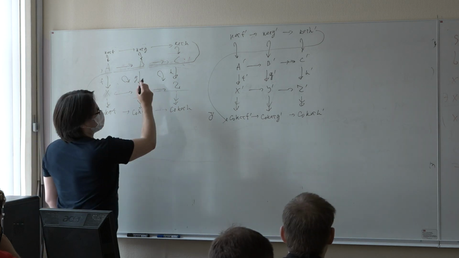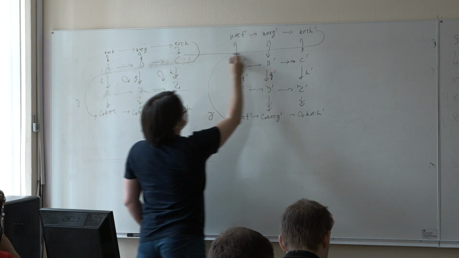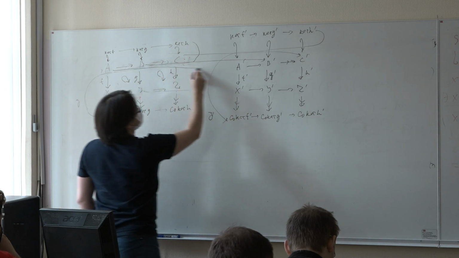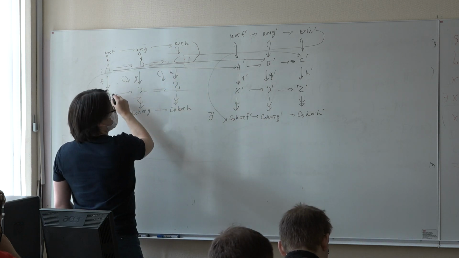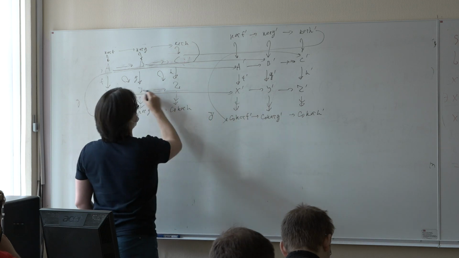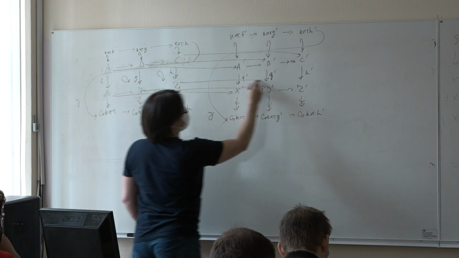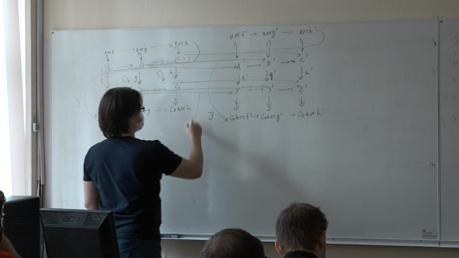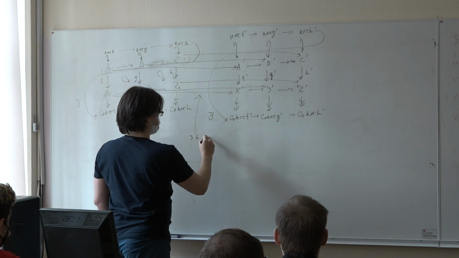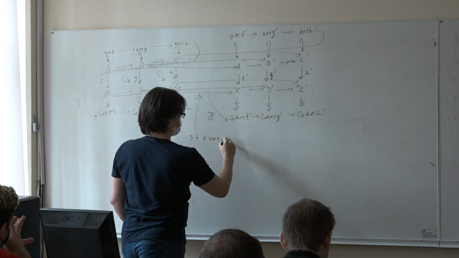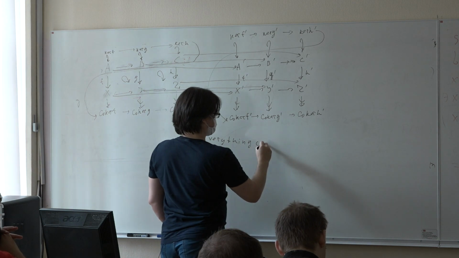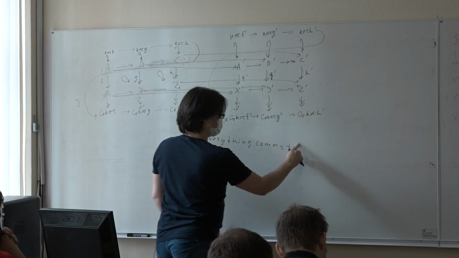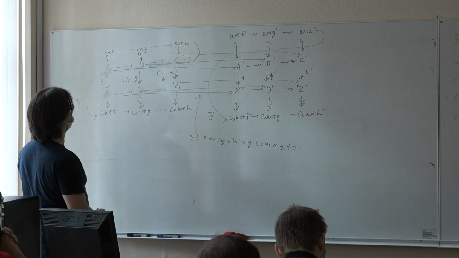And if you have maps from C to C prime, from B to B prime, from A to A prime, from X to X prime, from Y to Y prime, and from Z to Z prime, such that everything commutes, everything is clear.